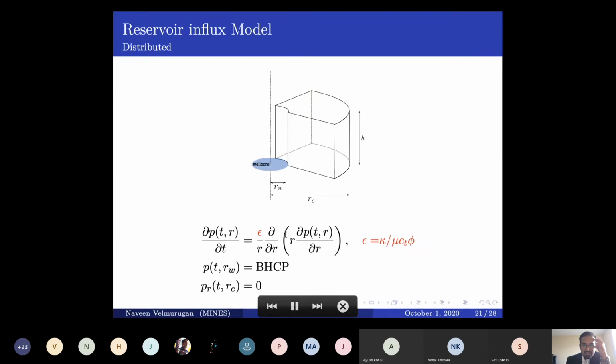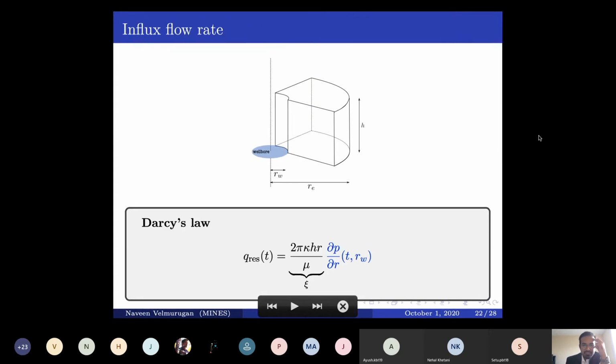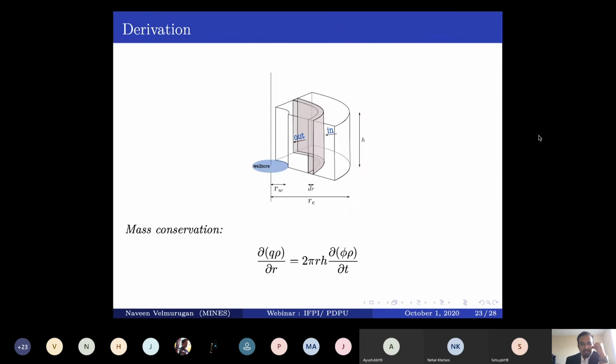So here is the model. We have Darcy's law, which gives us the influx rate. We will again use first principle methods, by which I mean we will apply mass conservation for this particular radial section. You can see that the fluid is coming in from the right hand side and going out through the left hand side.